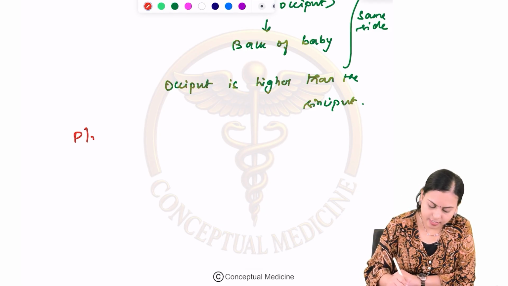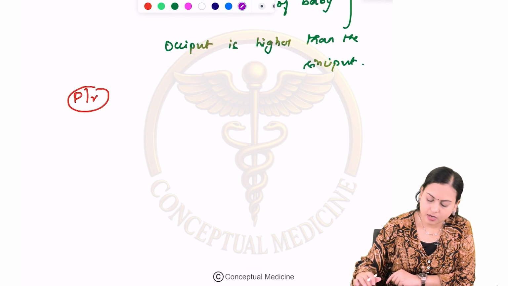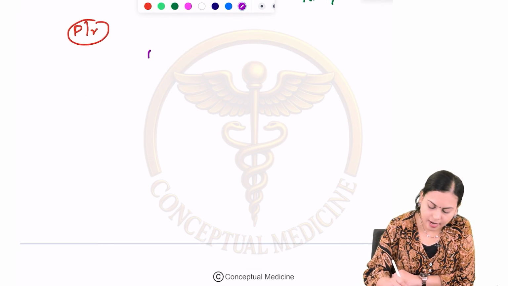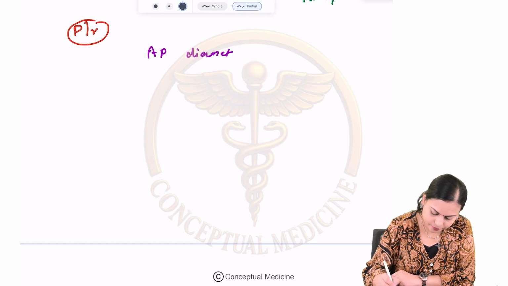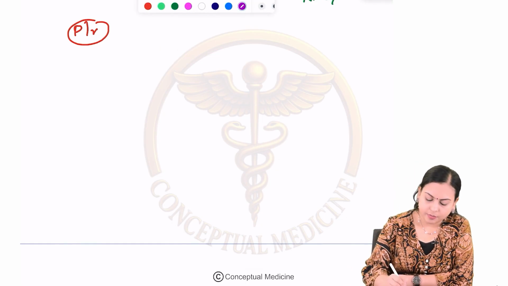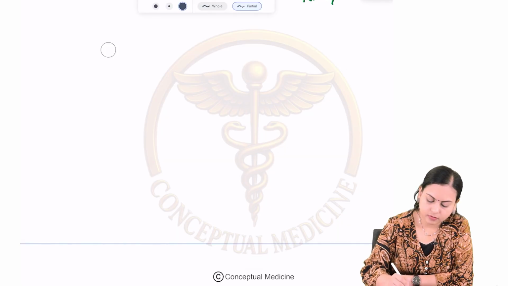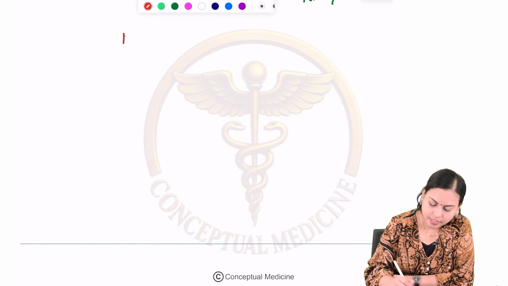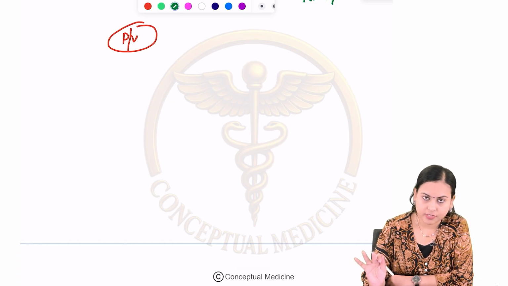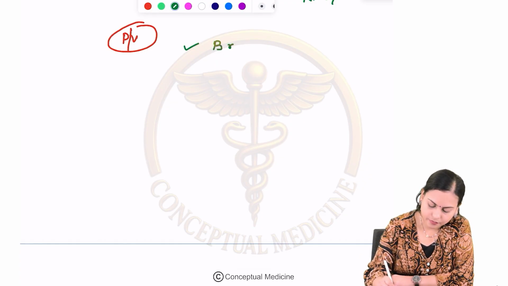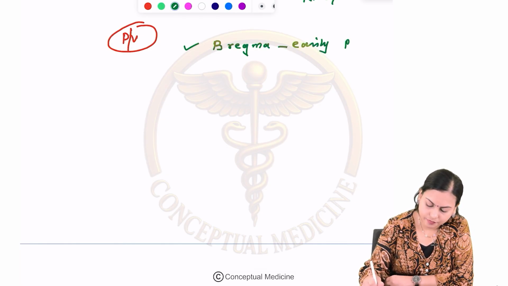Now, we will see the per vaginal examination. In per vaginal examination, you will have three main features, right? Number one, the bregma is easily palpated.